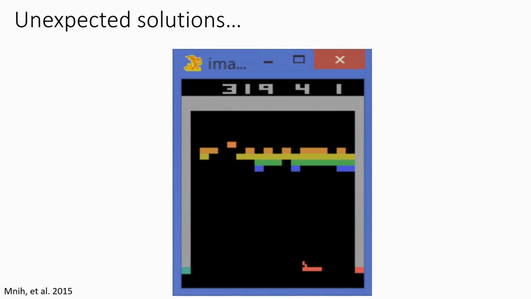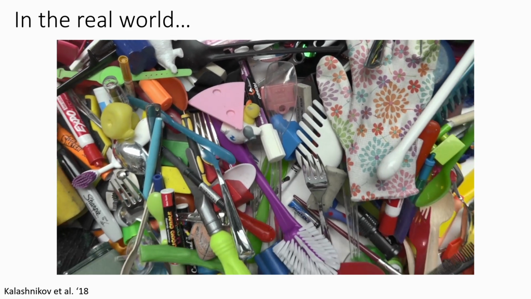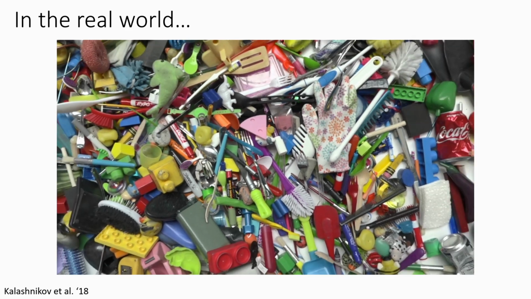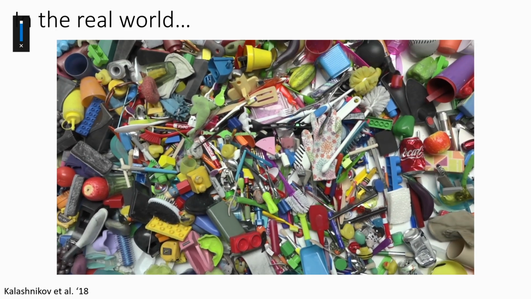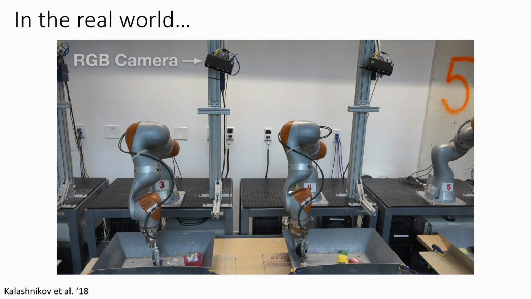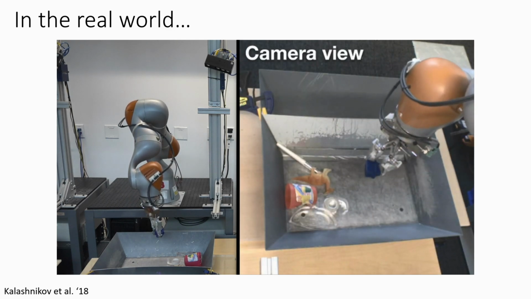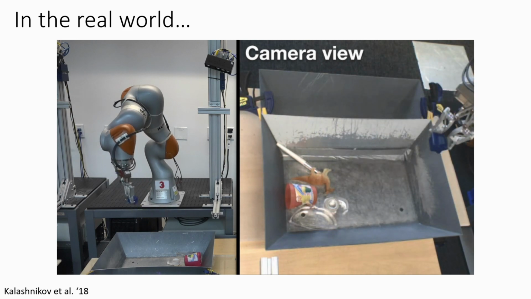We can use deep reinforcement learning in the real world. So this is an experiment where multiple robots actually collected data in the real world for a grasping task. So the robots are kind of grasping different objects using vision. They're picking things up day in and day out, trying to see what works and what doesn't work.